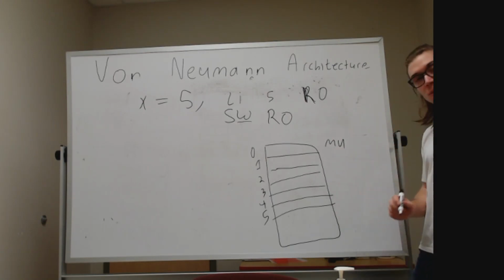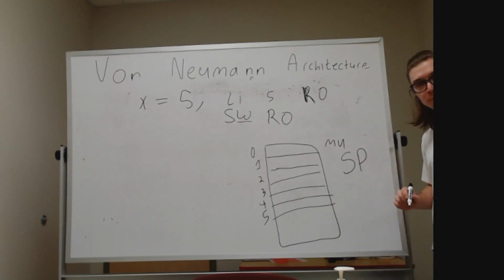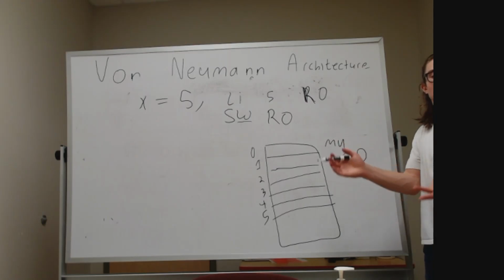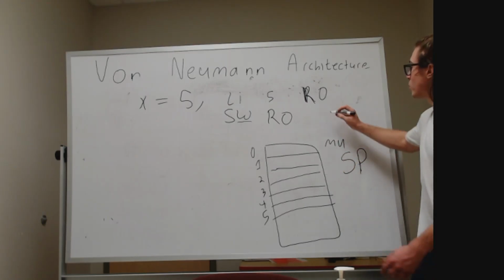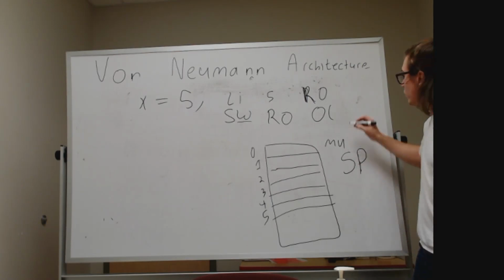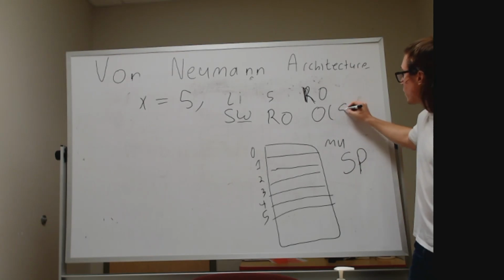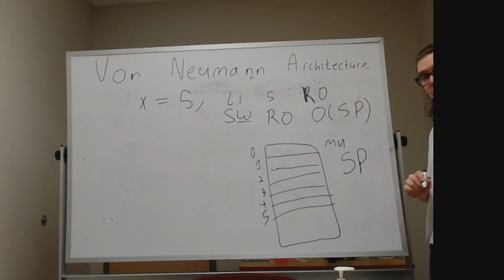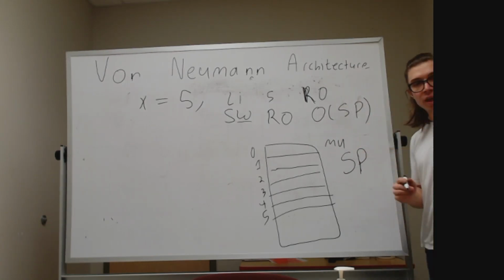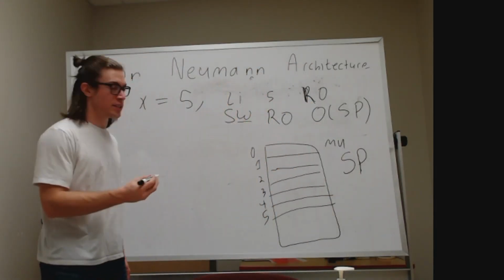We have a special register called the SP, or stack pointer, that points at the memory location of where we last used our store. The way that we write our instructions for reading and writing words is we write a number. In this case, I'm writing 0 because I want to store it directly at the location of the stack pointer. But then we're also required to update that stack pointer.